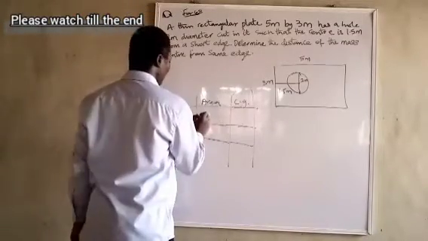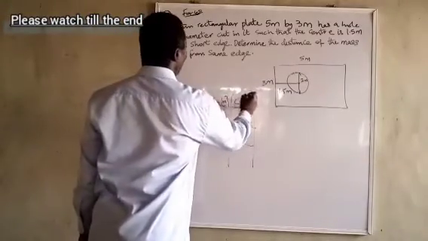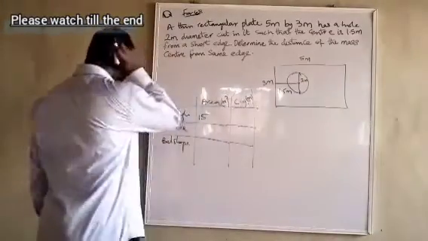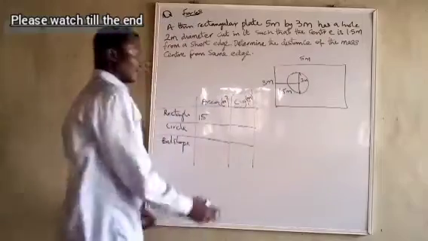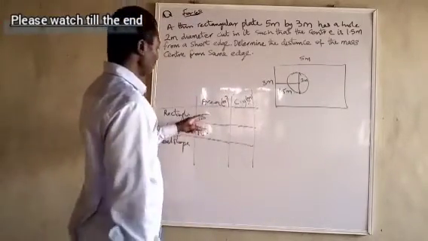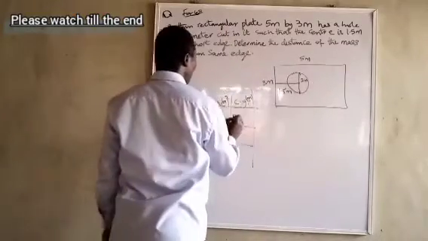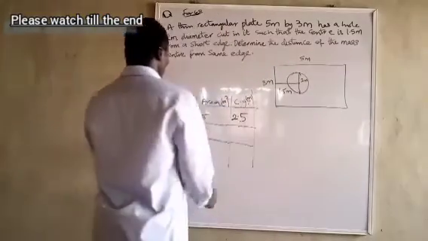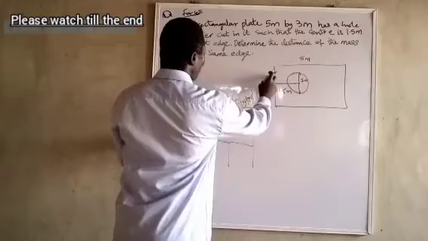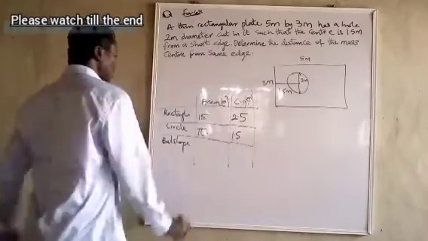That's 5 times 3. What is the area of the circle? You know the radius is 1, and the area of the circle is pi r squared. So we have pi. What is the center of this one? For the rectangle, we have this one to be 2.5. We are told that the center of the circle from this place also is 1.5. Now let's work this out.